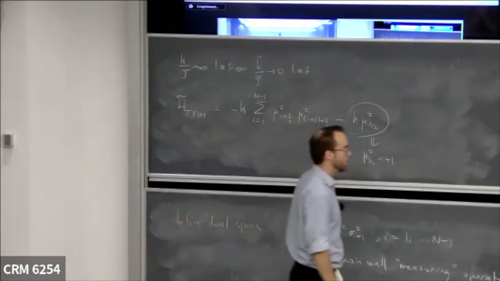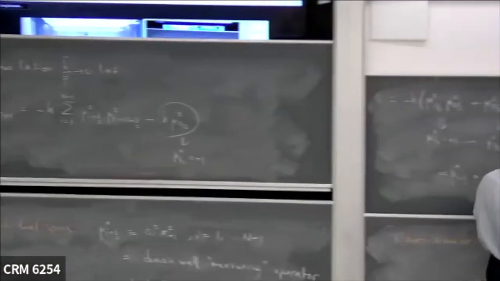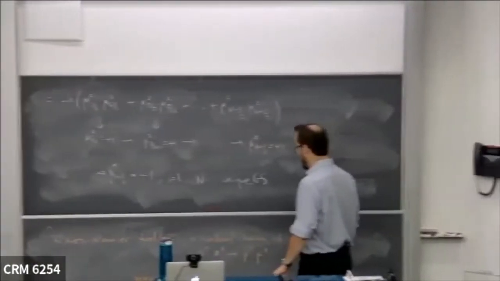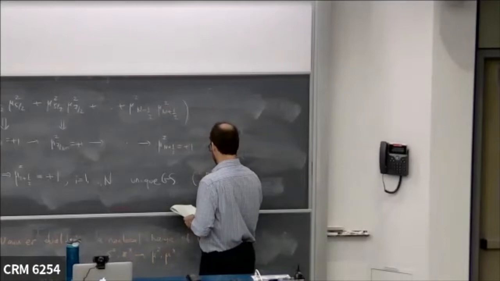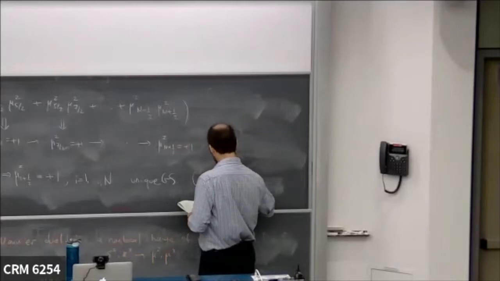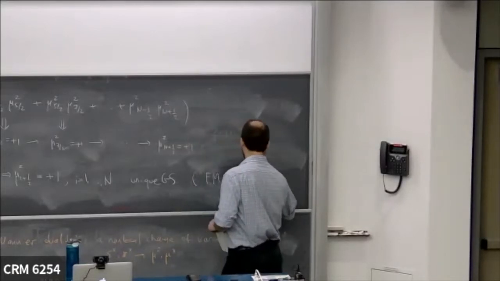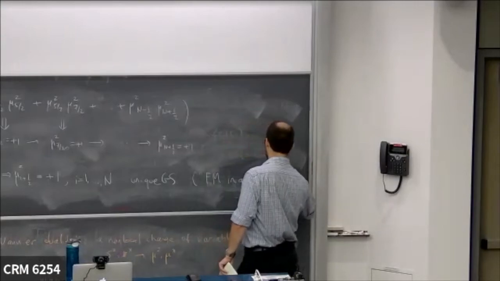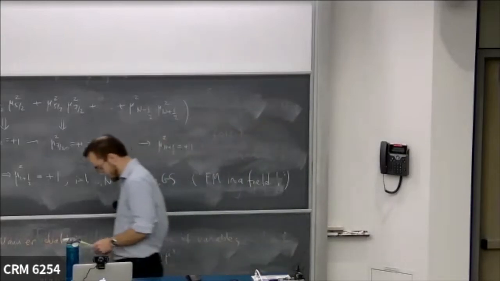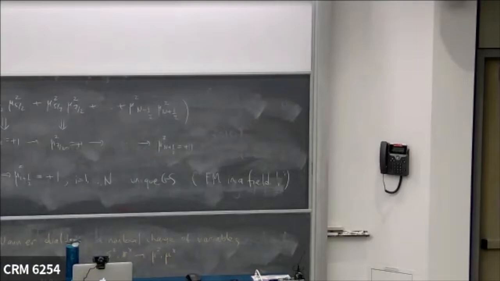But you want a unique ground state because you are dual to the paramagnetic, the trivial paramagnet. So you can think of this as a ferromagnet in a small field that lives on the first site of the dual lattice.